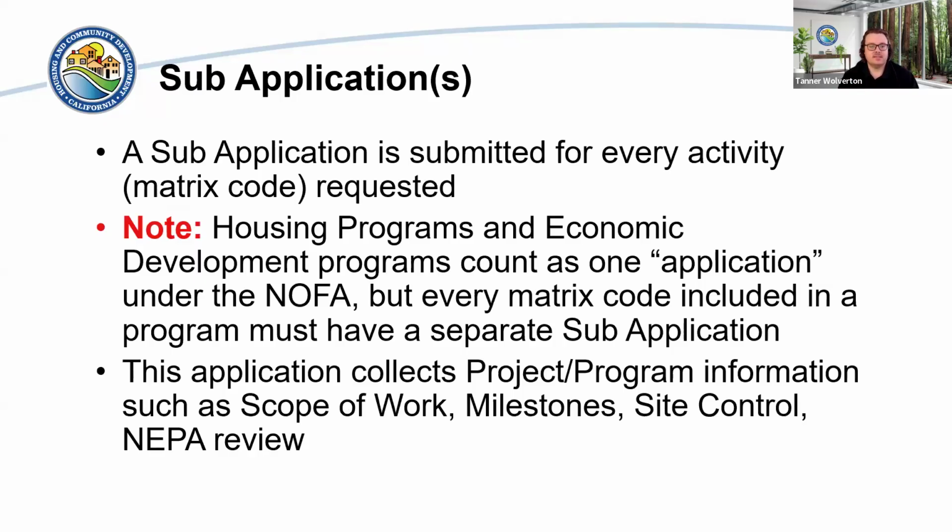And just a note about this, housing programs and economic development programs, at least in the NOFA, count as one application, but we don't want that to be confused, where you can have multiple matrix codes in a housing program or in an economic development program, and each of those matrix codes you use would require separate sub applications. So to avoid any confusion there, any matrix code you use needs a new sub application.